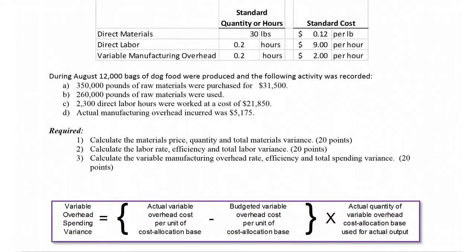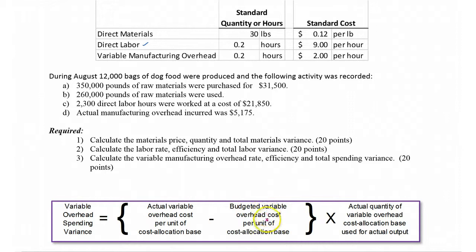This is the formula. Our spending variance is our actual variable overhead cost per unit of allocation base. So what we're looking for is the cost per unit of the allocation base, which in our case we know is direct labor hours.